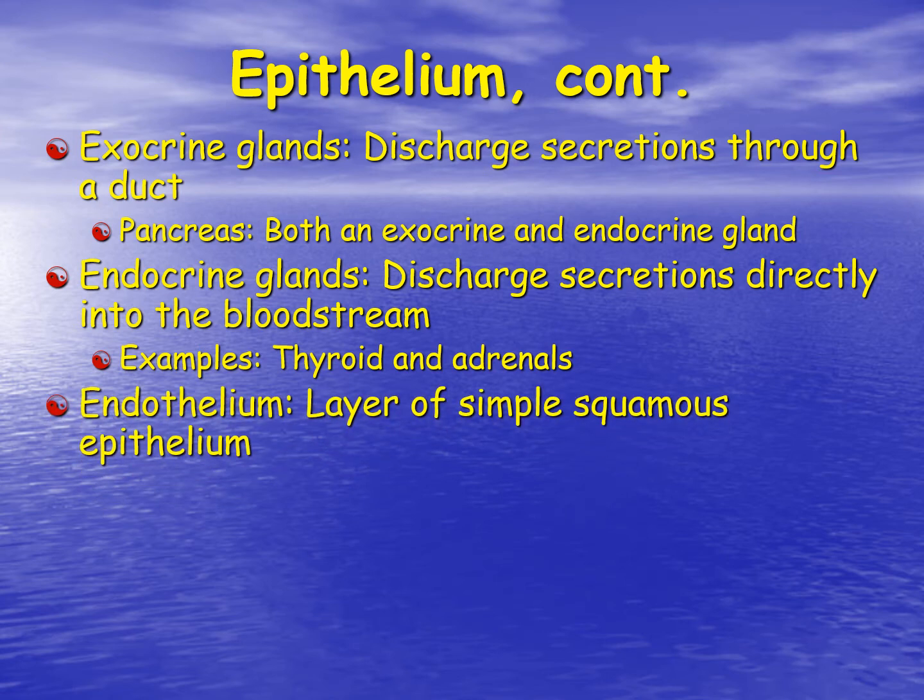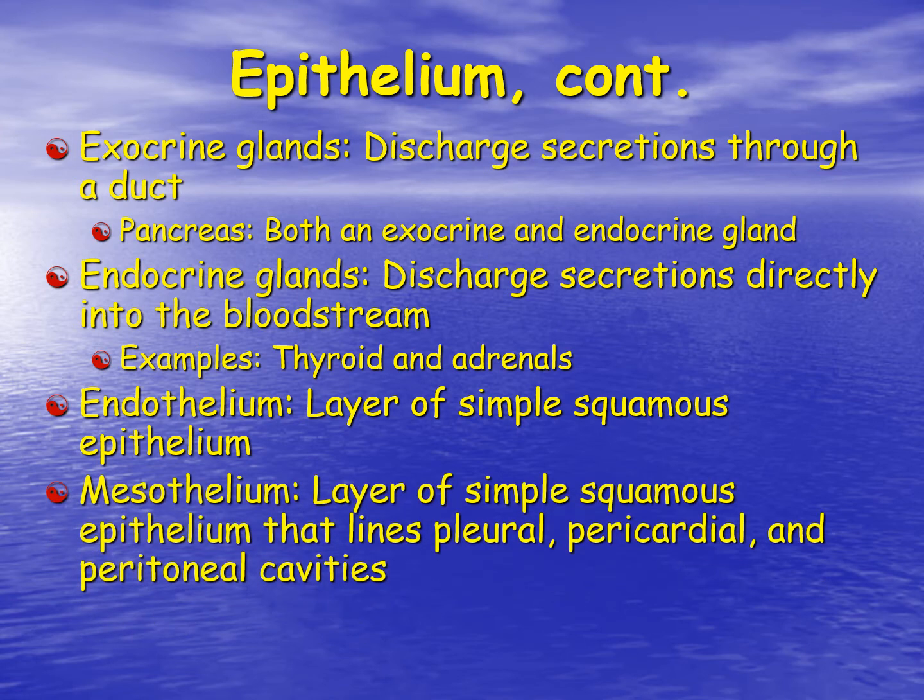The endothelium is a layer of simple squamous epithelium that is going to line many, many different surfaces internally in the body. And the mesothelium is a layer of simple squamous epithelium that lines the pleural, pericardial, and peritoneal cavities.